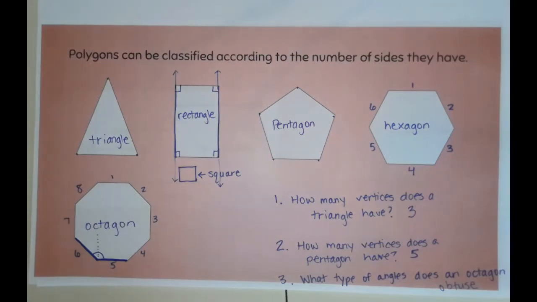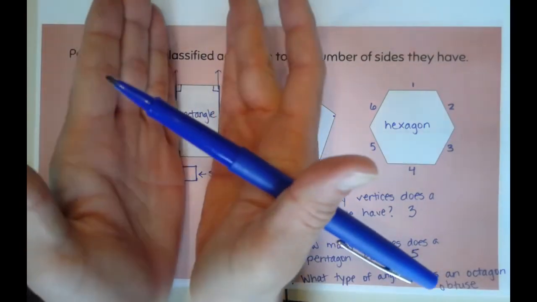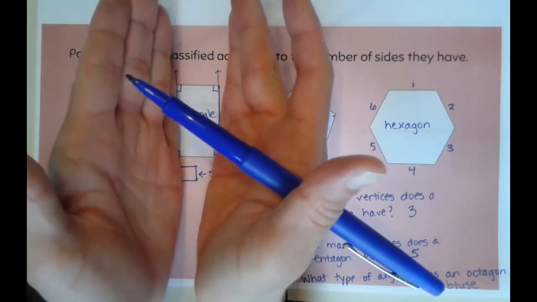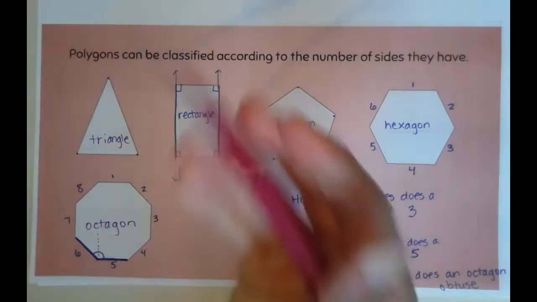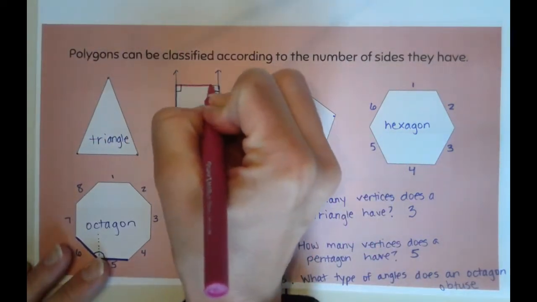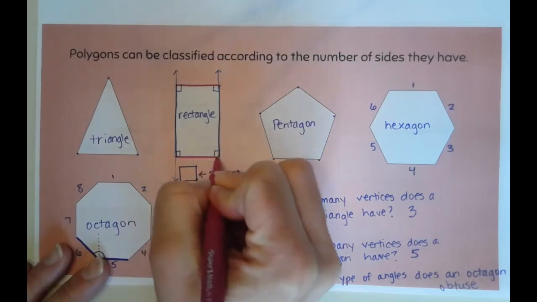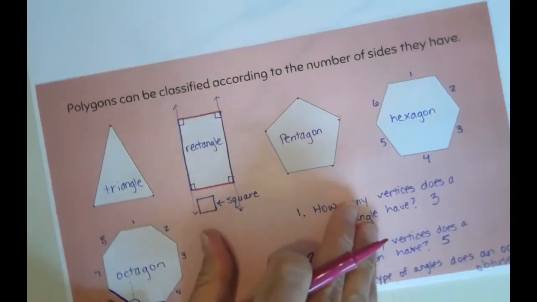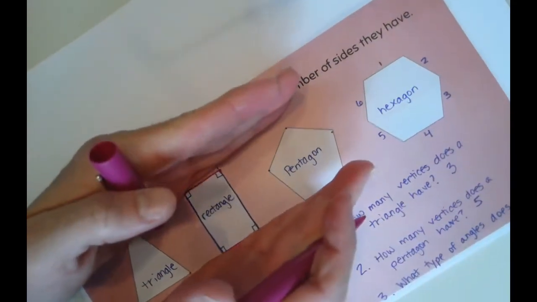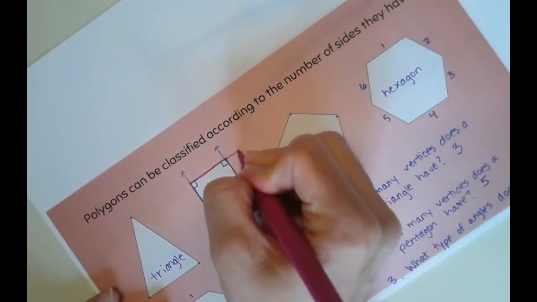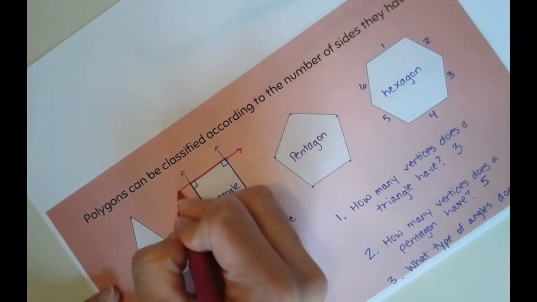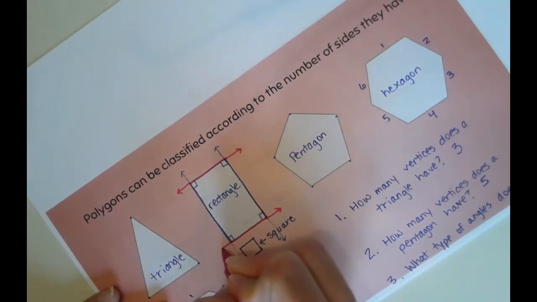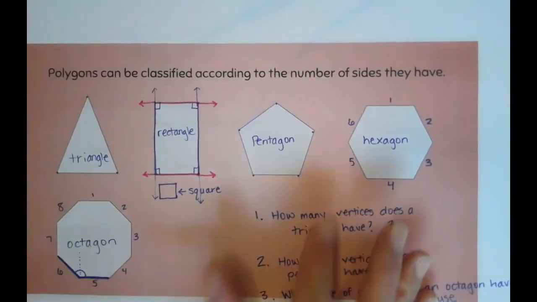So a rectangle has one set of parallel lines that go this way, and it also has another set of parallel lines that go this way, and I'm going to show you those two. So this one and this one are parallel to each other. They are side by side, and they would never run into each other. If they kept going forever and ever, they would never intersect.